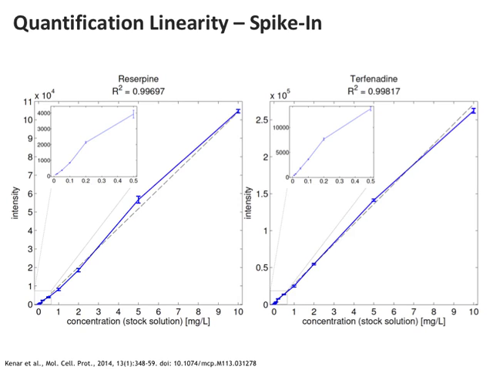That's what we did here. We have 2 compounds, reserpine and terfenadine. We had, I don't know how many, 15 different concentrations. For each of these concentrations, we measured the full LCMS run. And what you can see is that this works quite well over about 3.5 orders of magnitude. So we have a reasonable linear range. You see that there in the lower range, there's something going on.